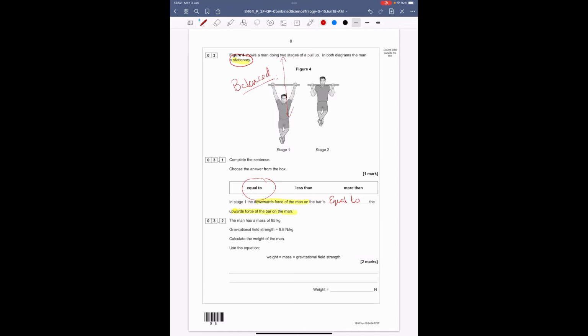The man had a mass of 85 kilograms and the gravitational field strength on Earth is 9.8 newtons per kilogram. Calculate the weight of the man, and it's told you weight equals mass times gravitational field strength. So the mass is 85, gravitational field strength is 9.8. What you can do is times those together, and that gives you 833 newtons. 1 mark for substituting, 1 mark for getting to your final answer.